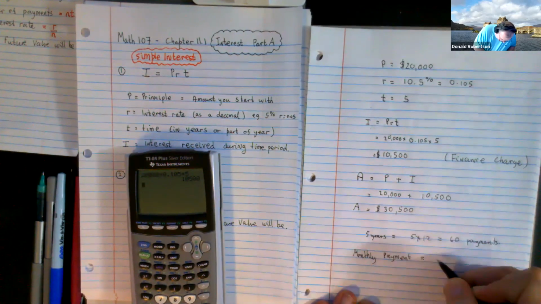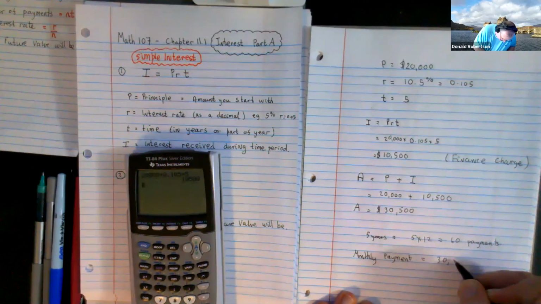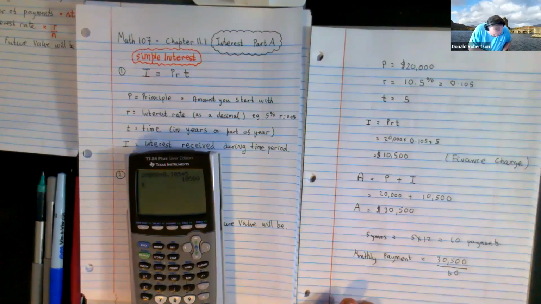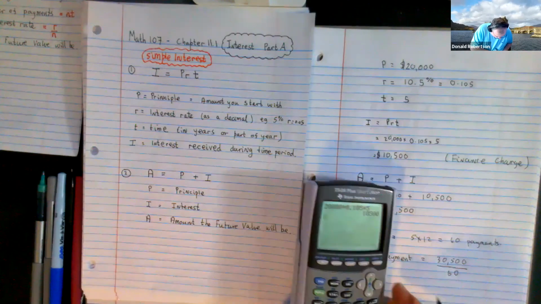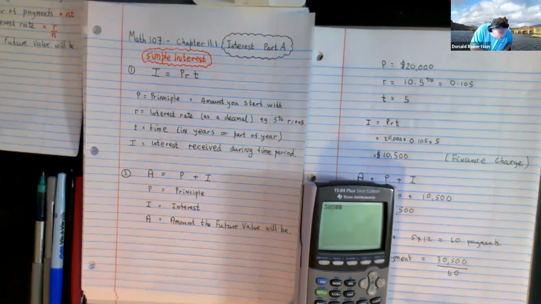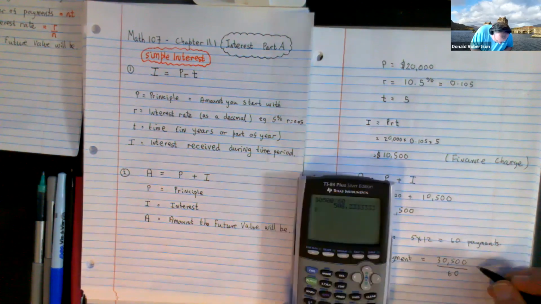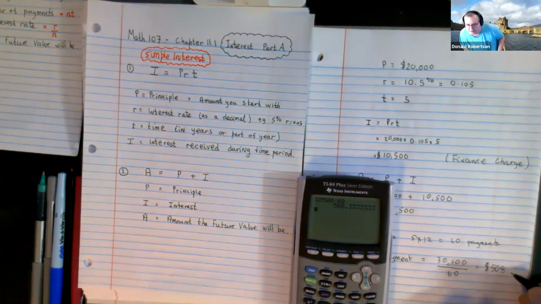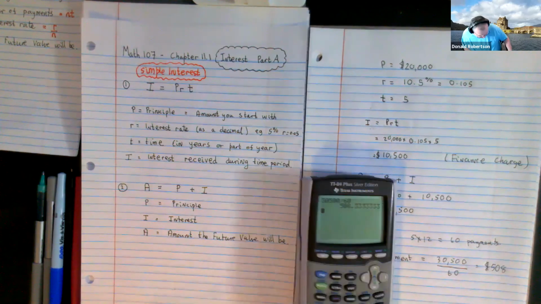It's the 30,500 split into 60 payments. So you would go 30,500 divided by 60, and I'll call that $508. I know it's not exactly that, but who cares about 33 cents?